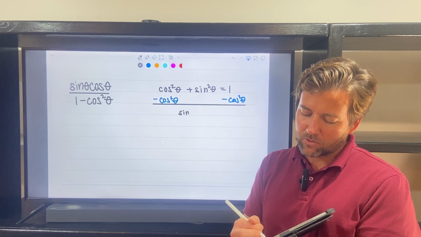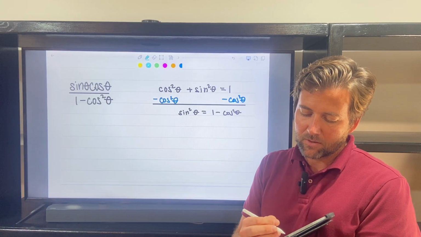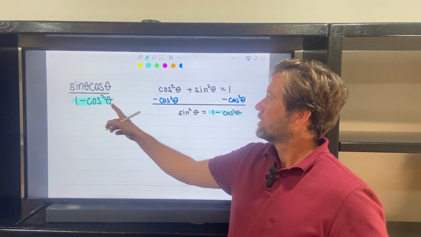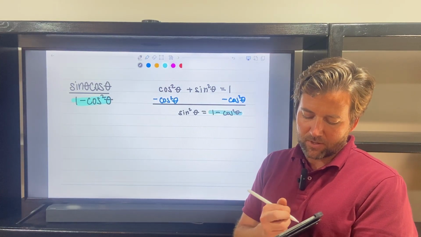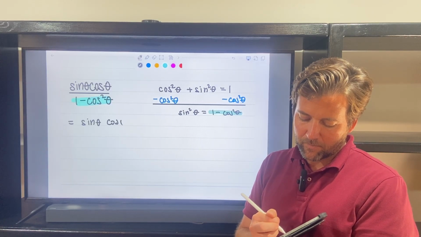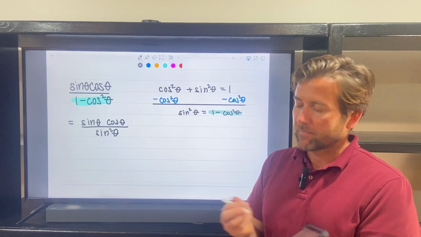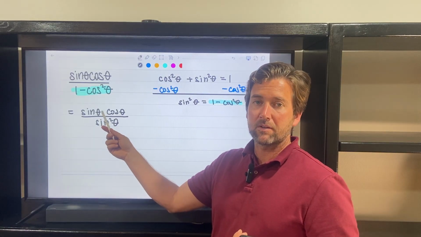So we have sine squared theta is equal to 1 minus cosine squared theta. These two terms are exactly the same two terms there. So I'm going to replace them with sine squared of theta. Okay, now I have sine of theta times cosine of theta.